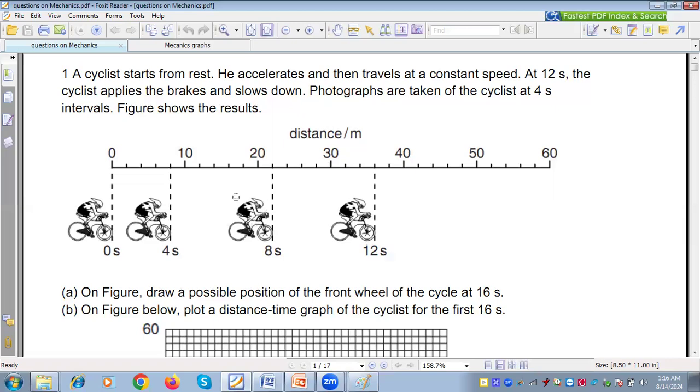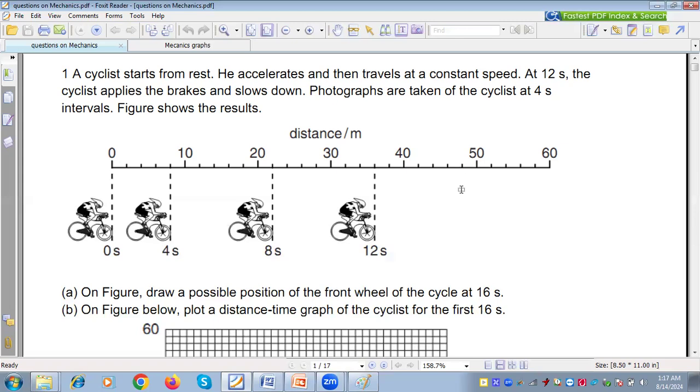In the next 4 seconds, from 12 to 16 seconds, he should cover less distance than before. So his position should be less than 50, because marking 50 would mean he covered the same distance.